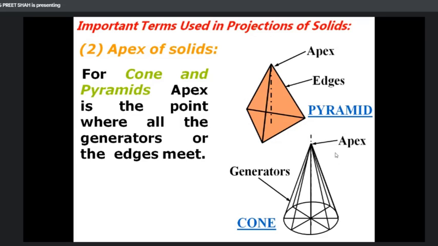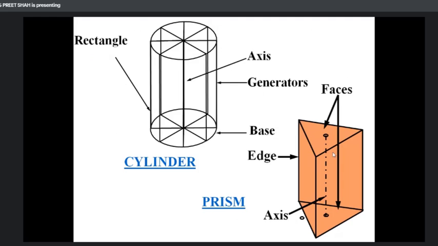Similarly, in a cone, all the generators meet at one point, which is called the apex. So the apex of a solid means one single point where all edges or generators meet. Understand? All of you understand? Yes, sir.